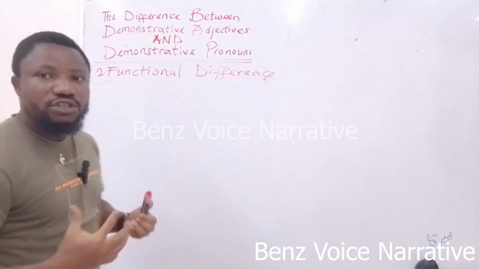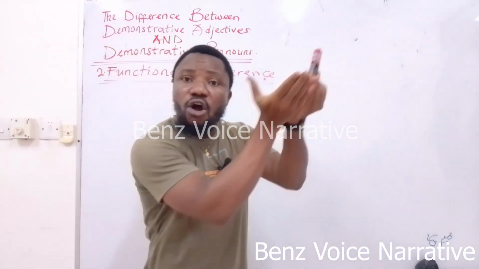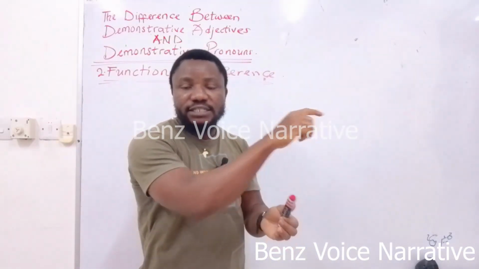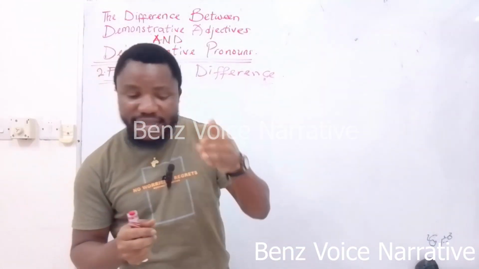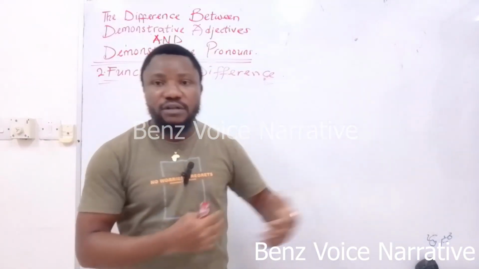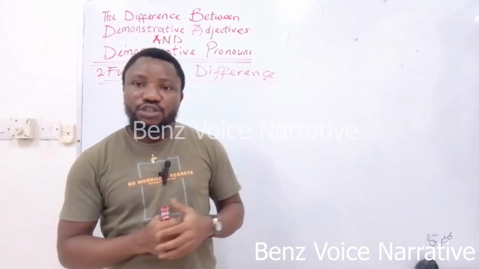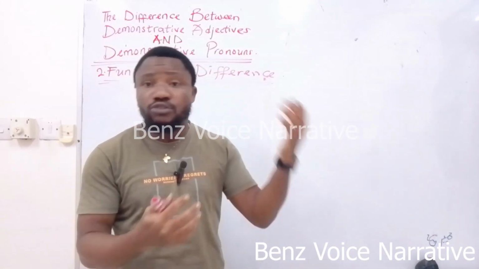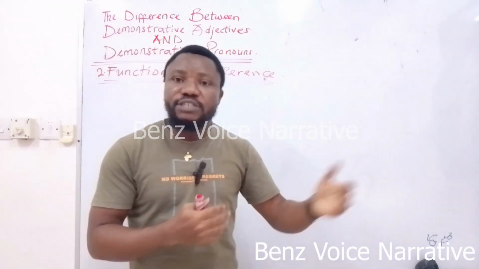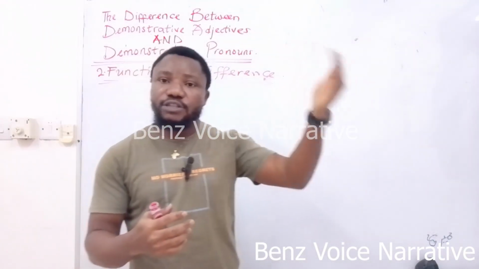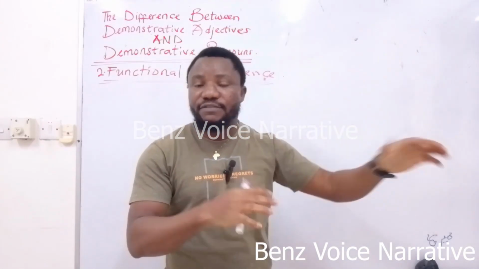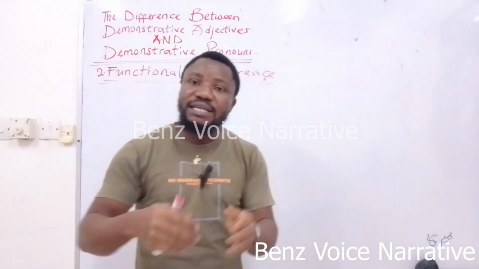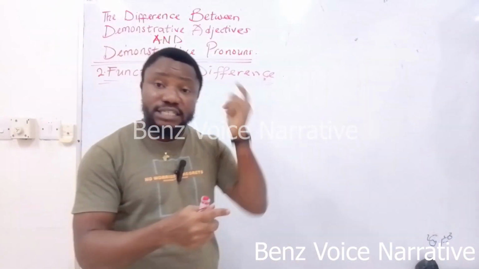Now, we know also that a noun can function as the object of a sentence. And of course, the object of a sentence is the receiver of an action in a sentence. So the receiver of an action, which could be the direct object or the indirect object. And of course, you know the direct object is the object that suffers directly from an action, whereas the indirect object benefits or gains from an action.